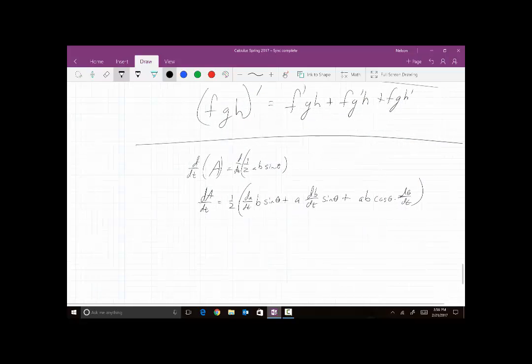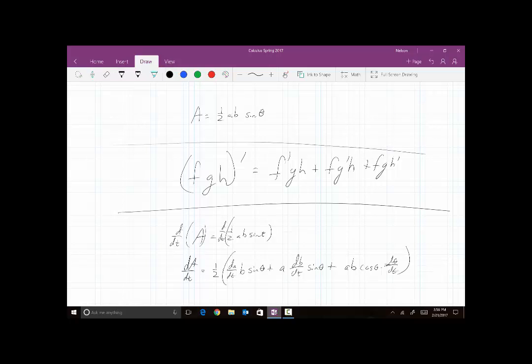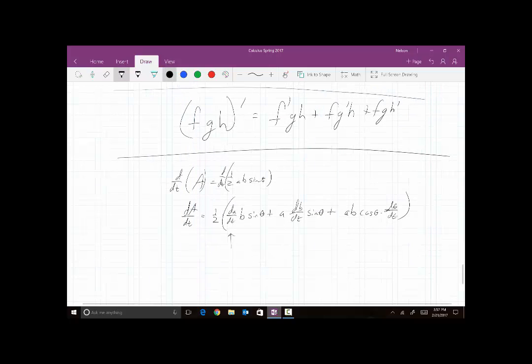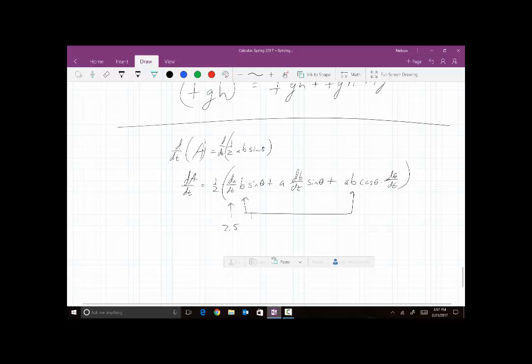Alright, so now all we have to do is plug in our values. What was everything again? dA/dt was 2.5. B was 3. Theta was pi over 3.